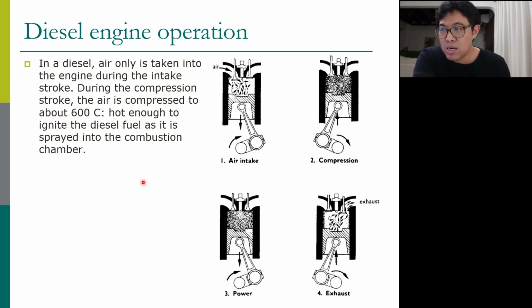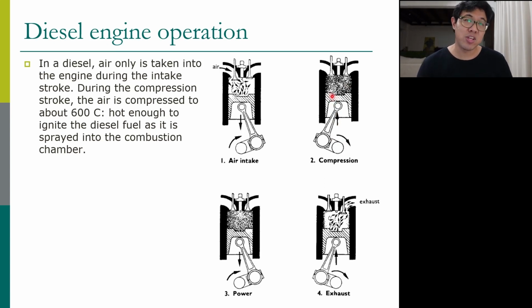Okay, let's talk a little bit about diesel engines. In diesel engines, only air is taken into the cylinder during the intake stroke, and only air is compressed, so there's no fuel. However, for diesel engines, we compress more.